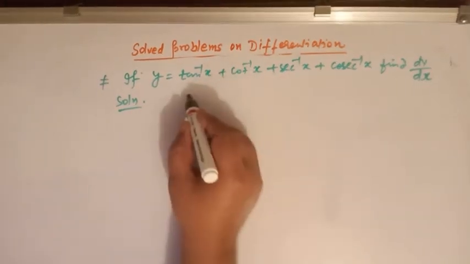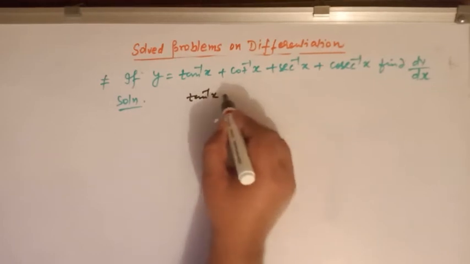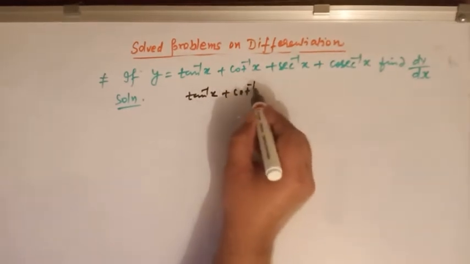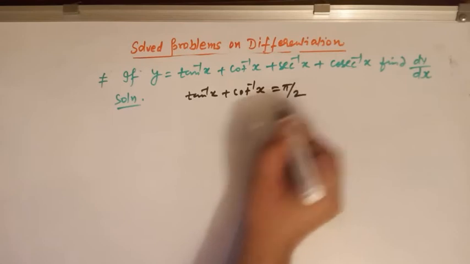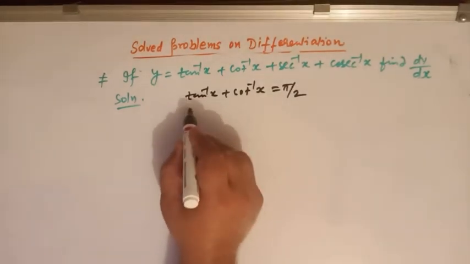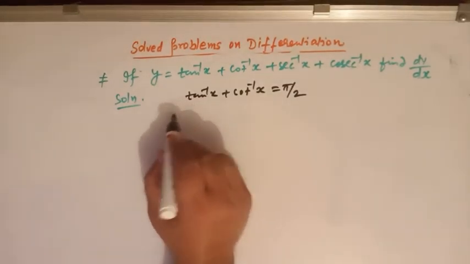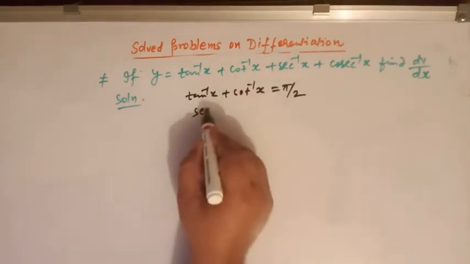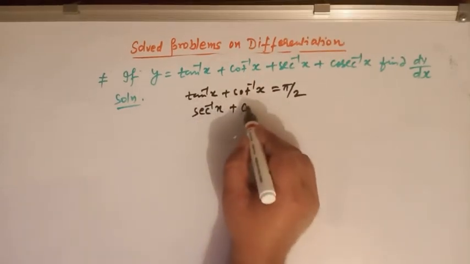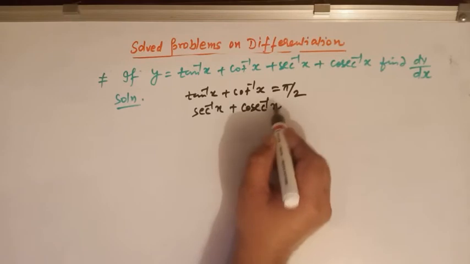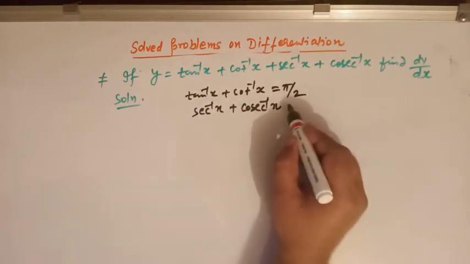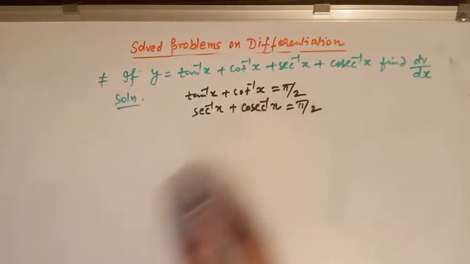Let us see. We know that tan inverse of x plus cot inverse of x is equal to pi by 2. Clear? Similarly, we know that sec inverse of x plus cosec inverse of x is equal to pi by 2. Clear?